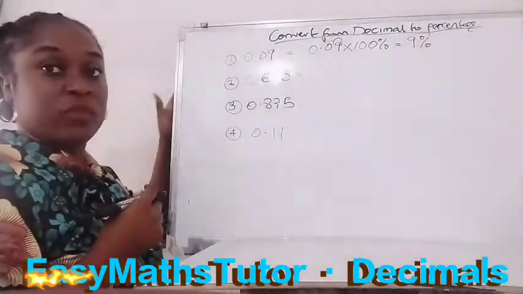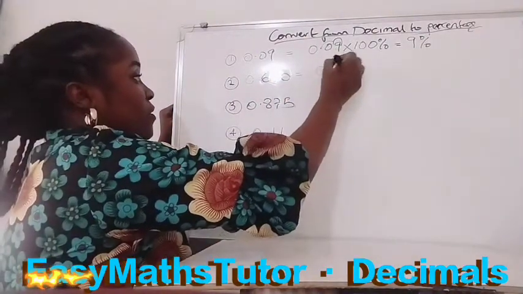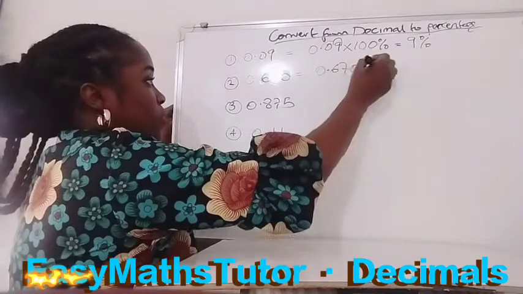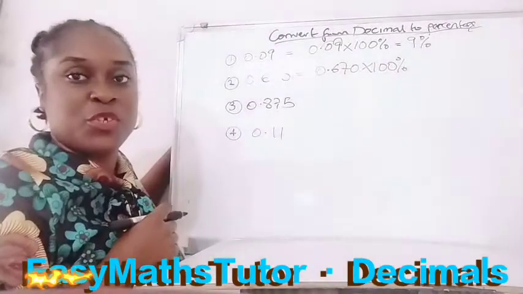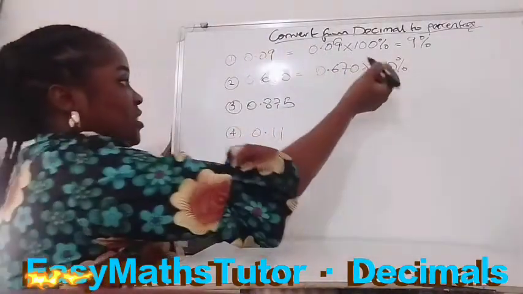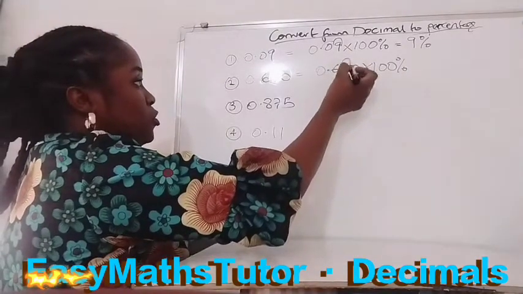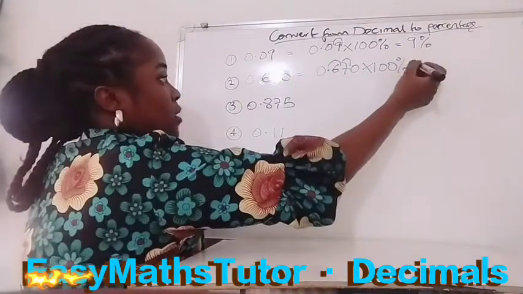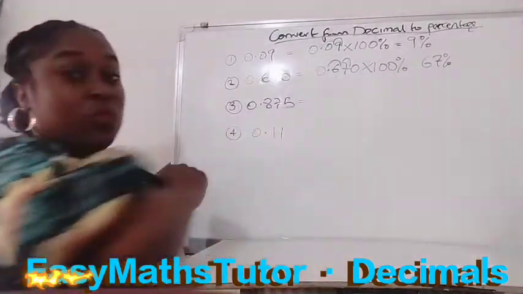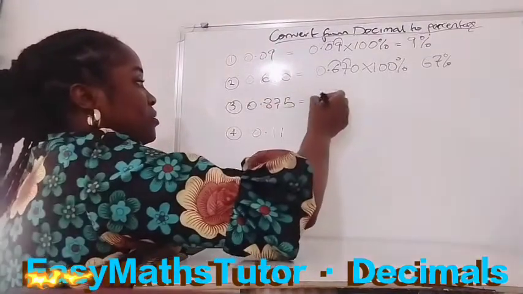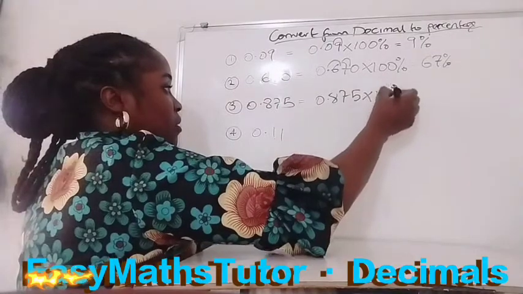So our next question is 0.67 times 100%. So we'll do the short method, which is to count 2 decimal places to your right. 1, 2. That is 67%. Now for the third one, same thing. 0.875 times 100%.